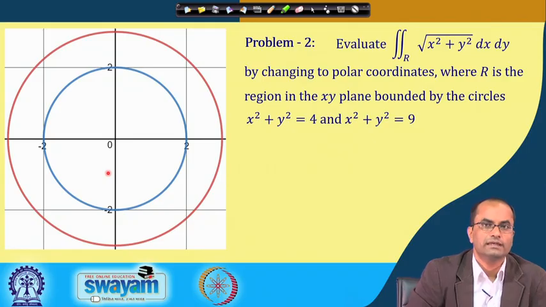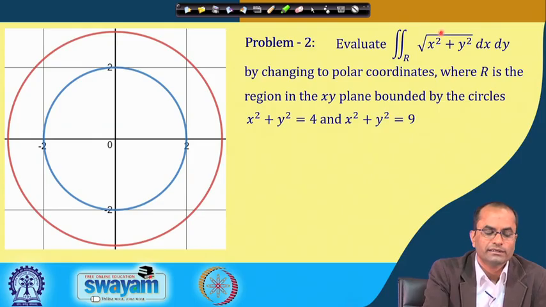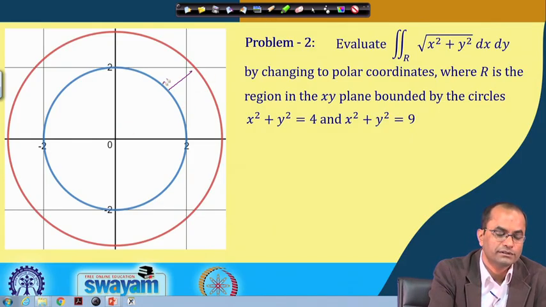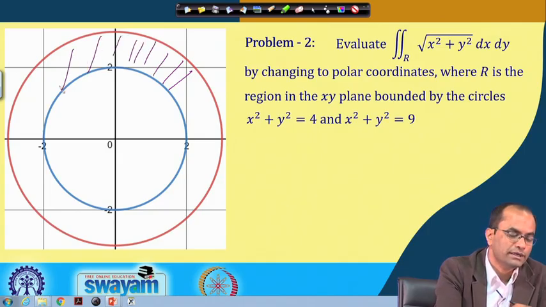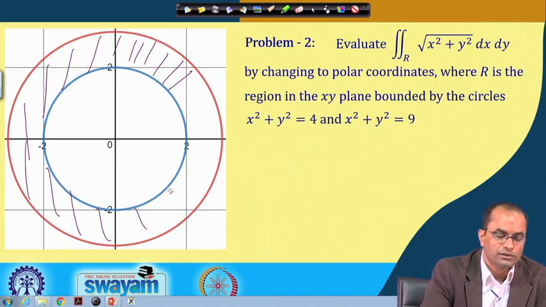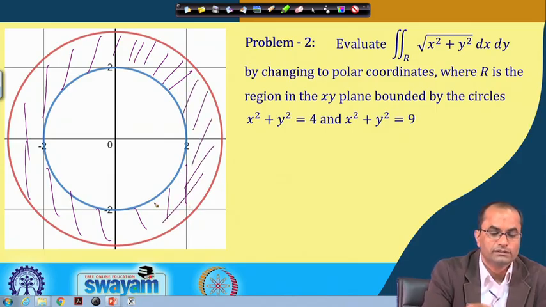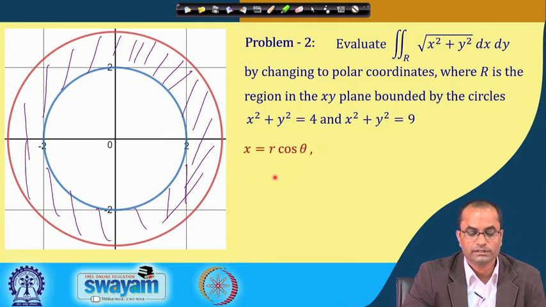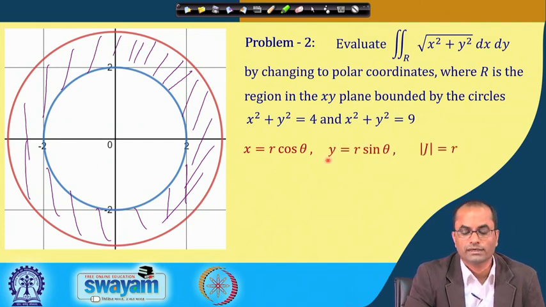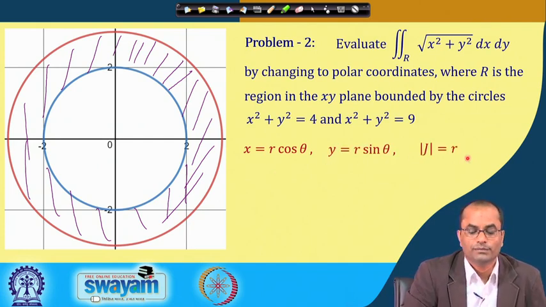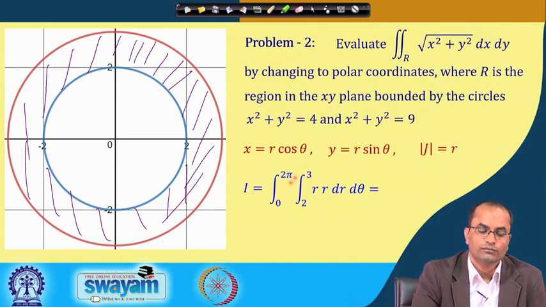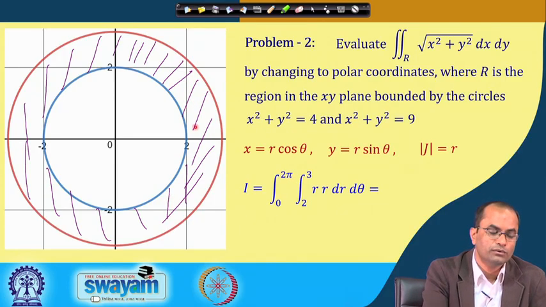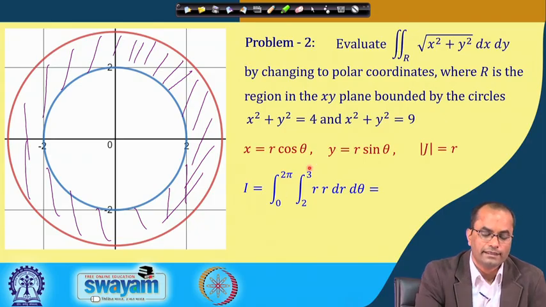So, again certainly in this case changing to polar coordinates will help us because of the integrand as well as because of the region here, which is bounded by these two circles. So, by changing to polar coordinates, it is much simpler now to get the limits, because putting x is equal to r cos theta, y is equal to r sin theta, the integrand will be r, and then this integral will be 0 to 2 pi, the whole circle, and for r the limit will be from 2 to 3.